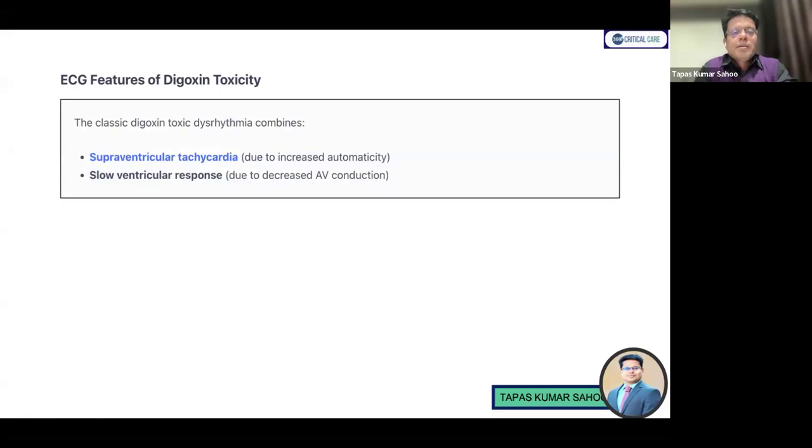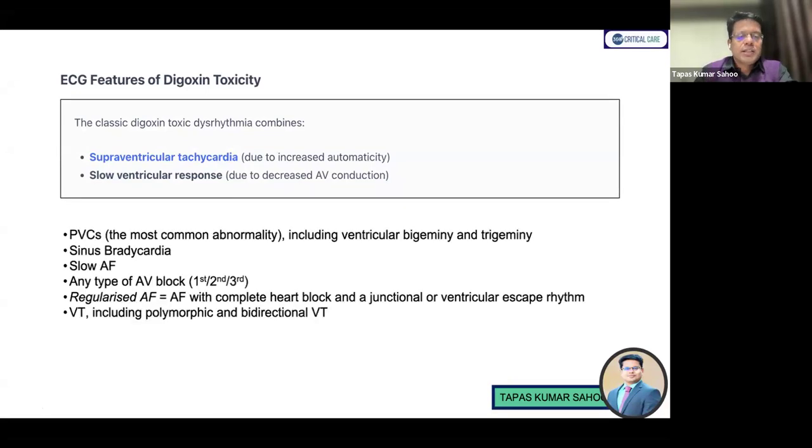In toxicity, one is supraventricular tachycardia, slow ventricular response due to decreased AV conduction. So these are the classic digoxin toxic dysrhythmias. If somebody asks you what is the most common abnormality in digoxin toxicity, it is PVC, premature ventricular complex, like ventricular bigeminy and trigeminy.